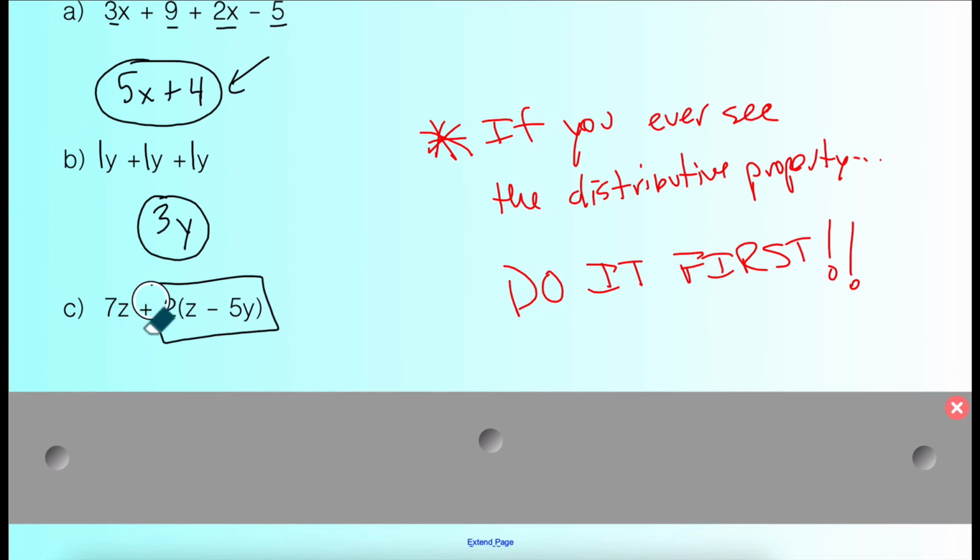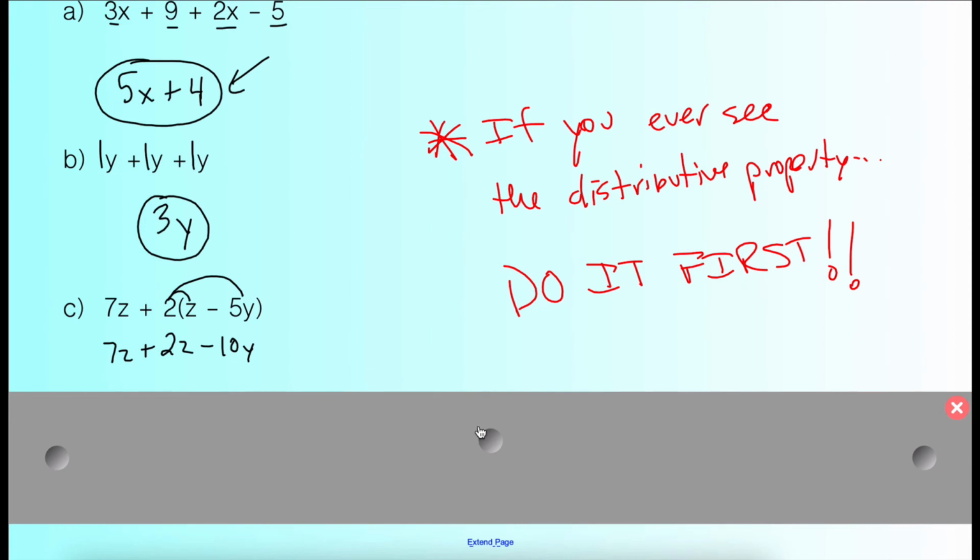So in this problem, I'm going to follow that advice. I notice there's distributive property. I'm going to do it first. 2 times z and then 2 times 5y. So that would be 2 times z is 2z, minus 2 times 5y is 10y. And then the 7z I didn't use yet, so I'm just going to rewrite that part of the expression.